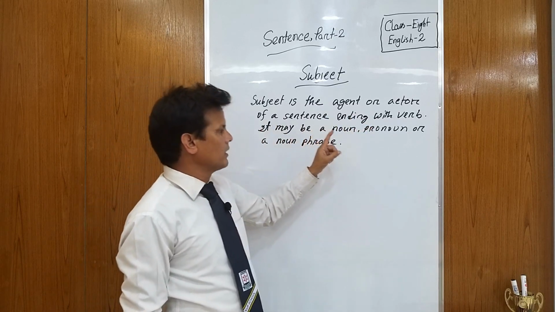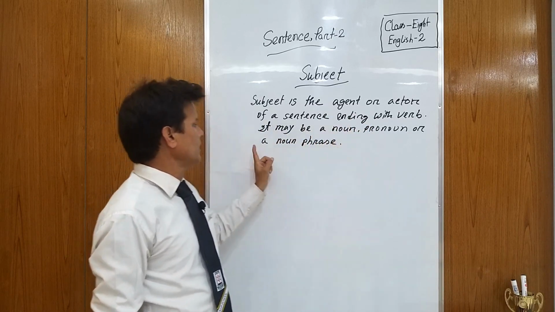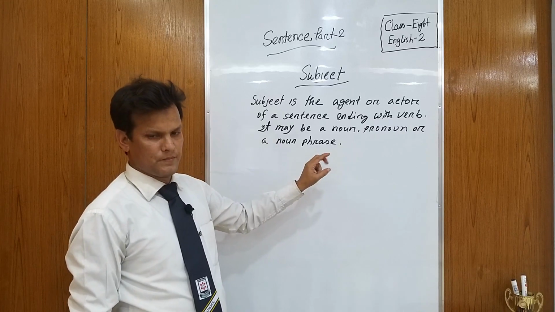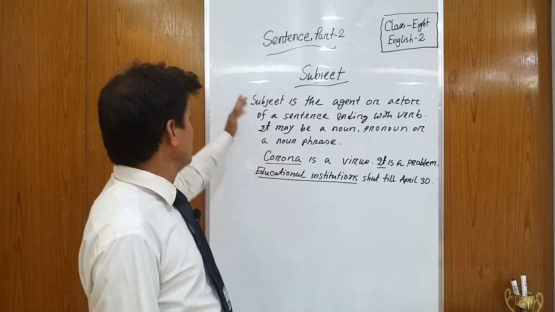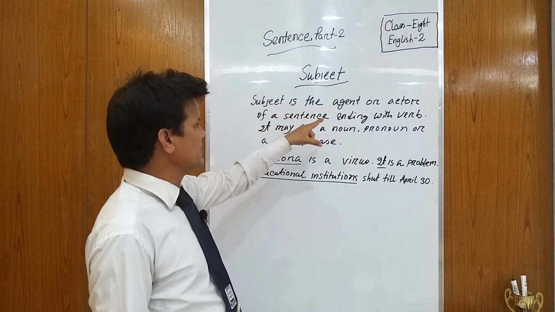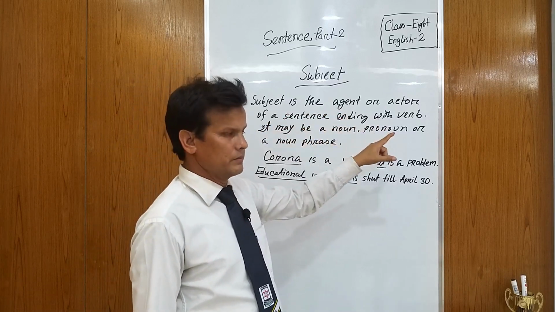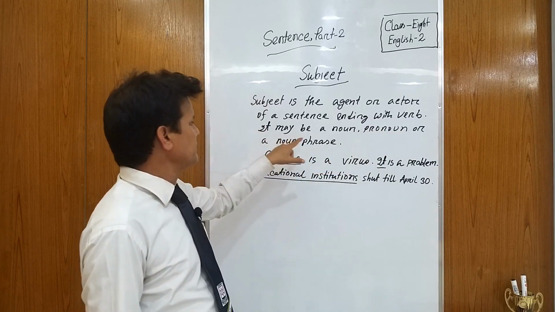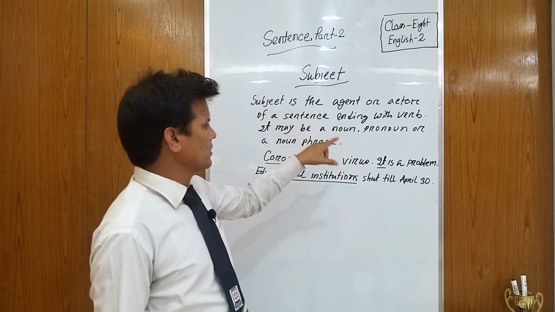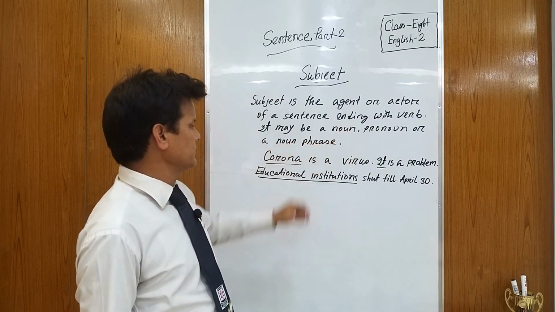It may be a noun, pronoun, or a noun phrase. Subject is the agent or actor of a sentence ending with verb. It may be a noun, pronoun, or noun phrase.